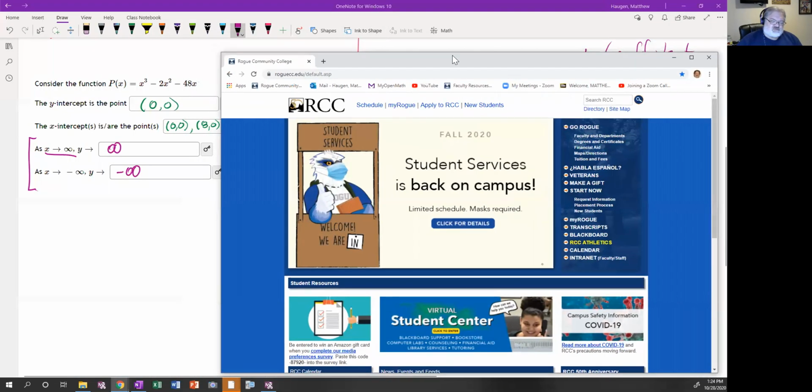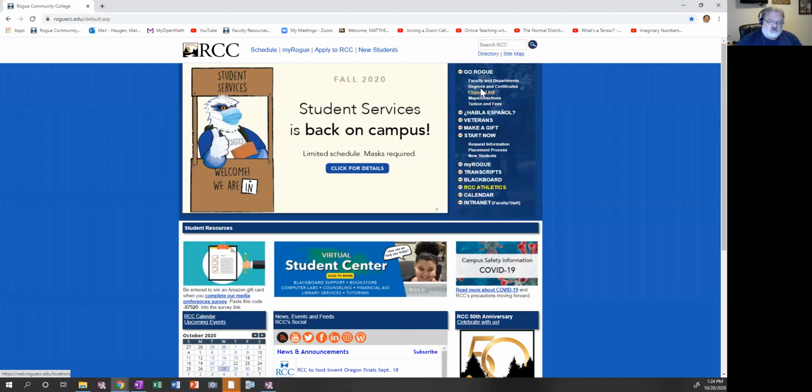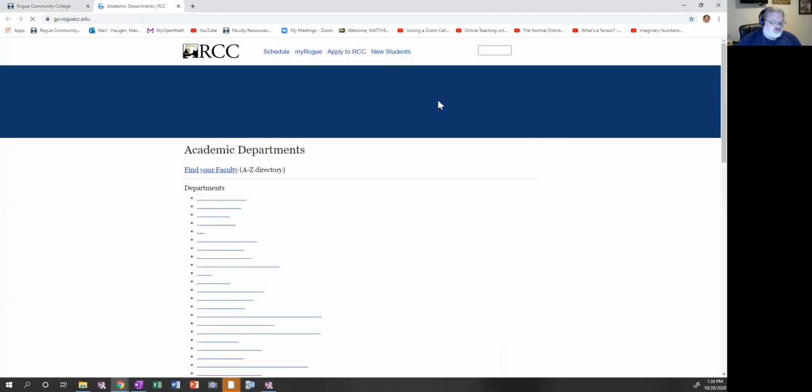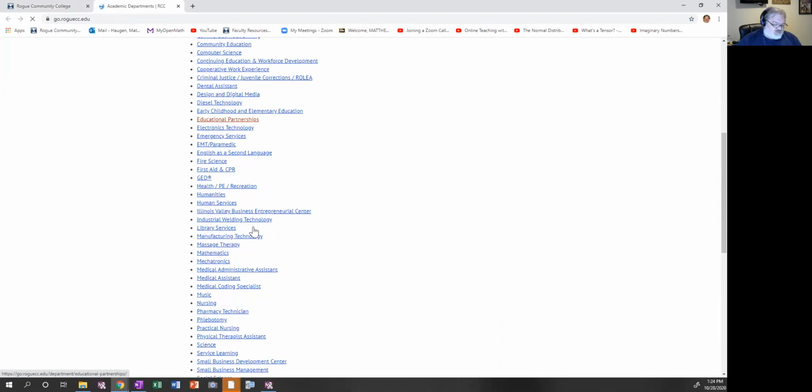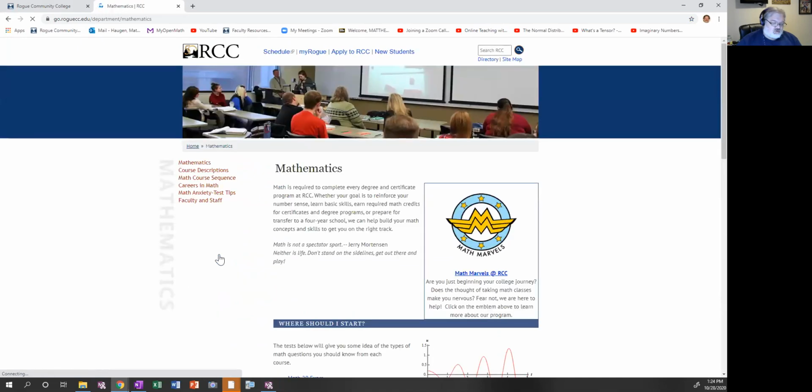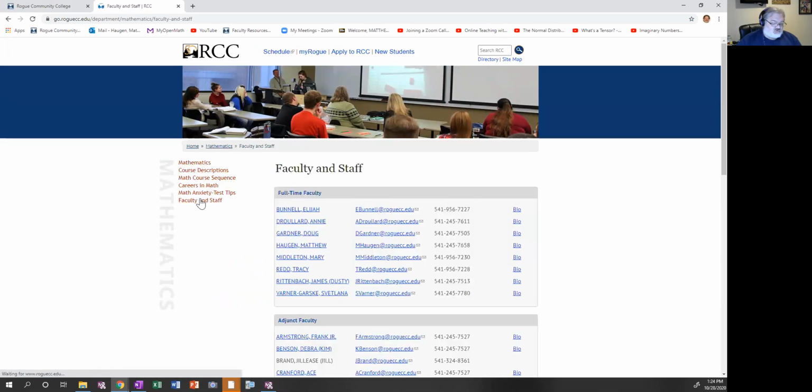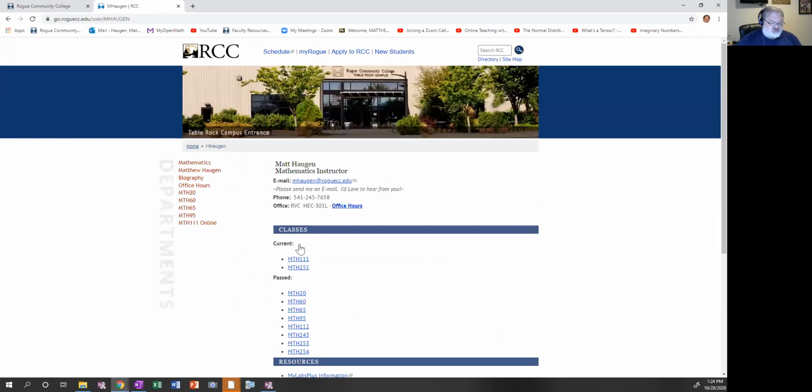I moved other ones over, but if you want to grab them yourselves, you can go to faculty and departments, and go to the math department. Then go to faculty and staff and me, or you can just search my name up in the little search thing.